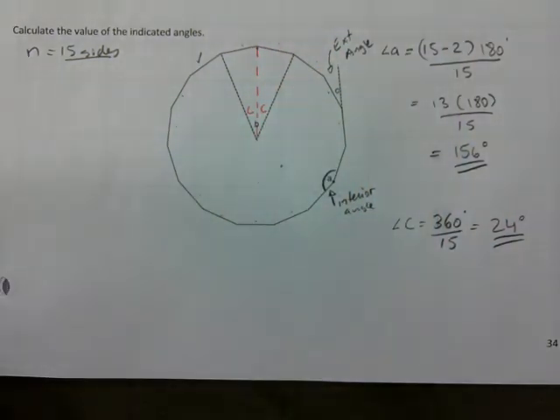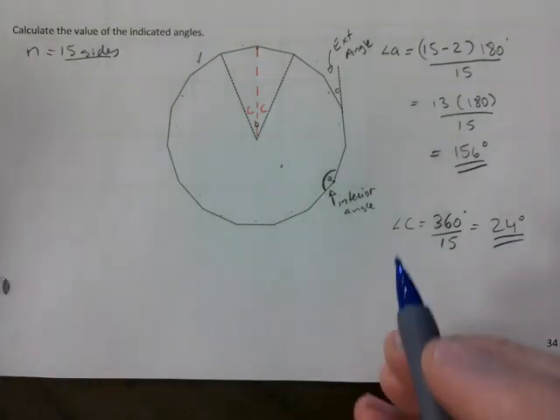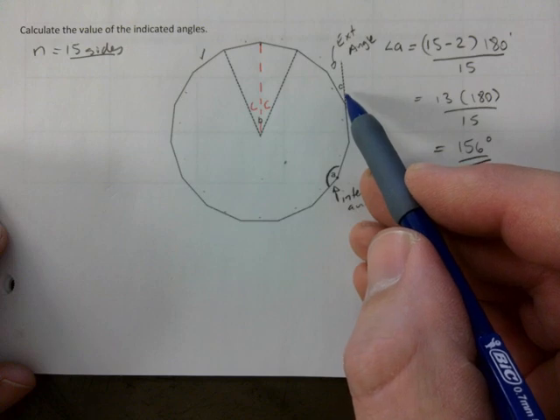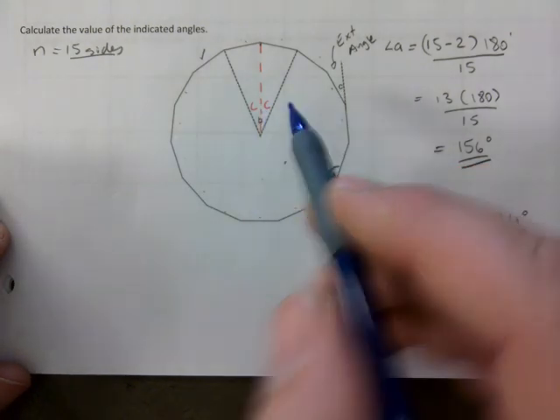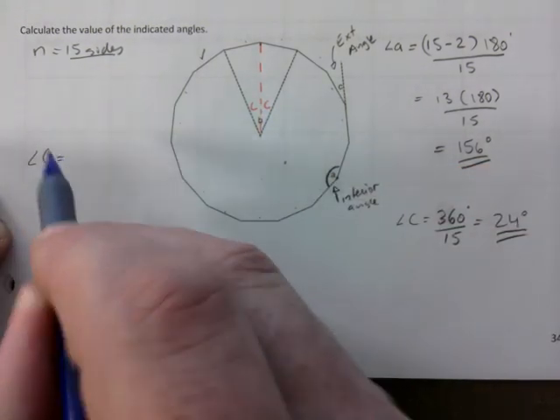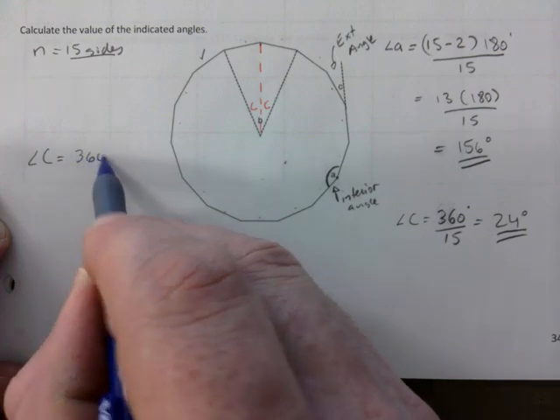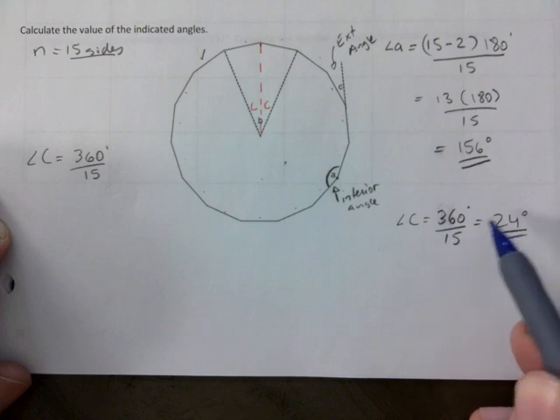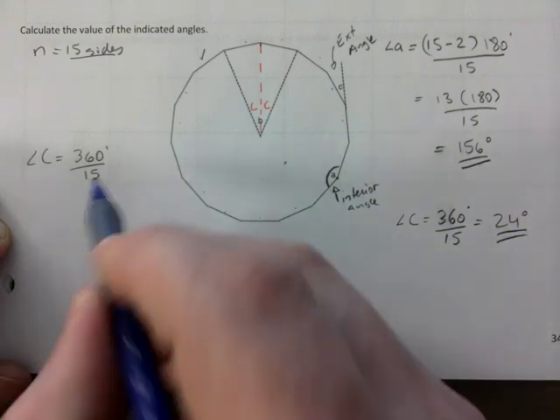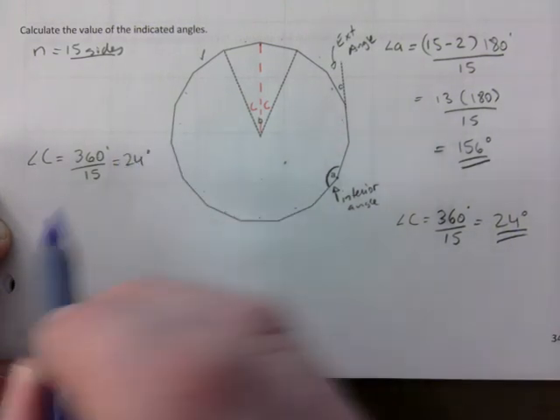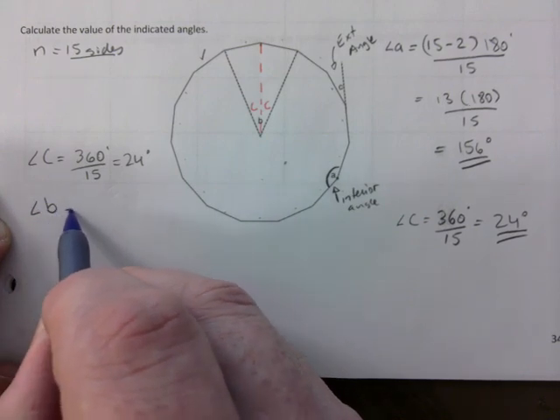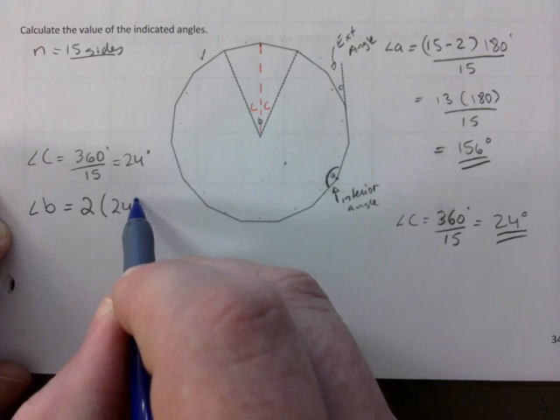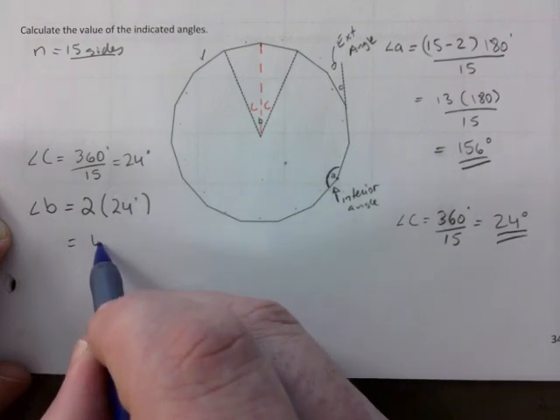B is comprised of two central angles. Oh, there's another C here, so this is capital C. Capital C is 360 divided by 15, which is the same as this one over here. It's 24 degrees. Angle B is going to be 2 times 24, so that's 48 degrees.